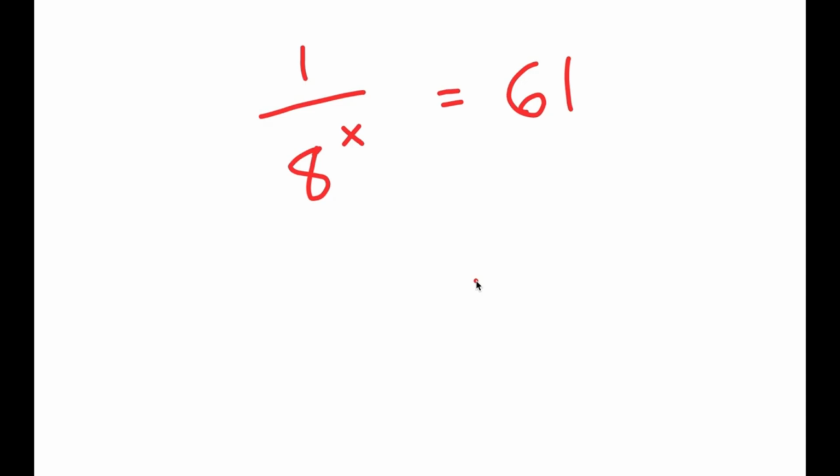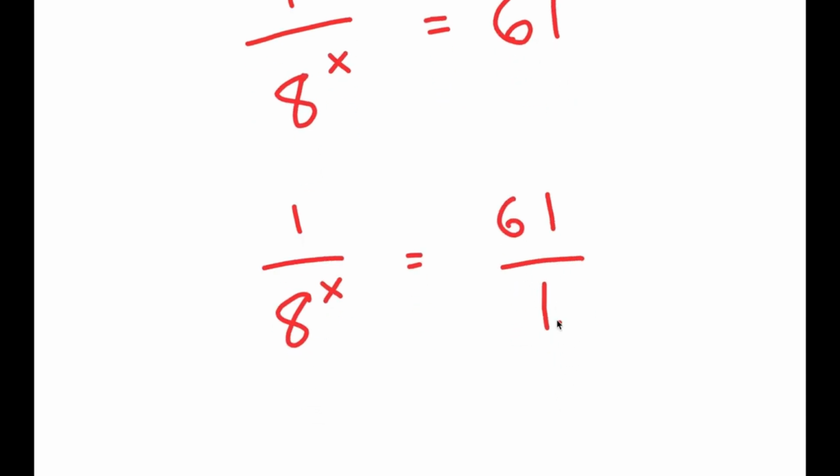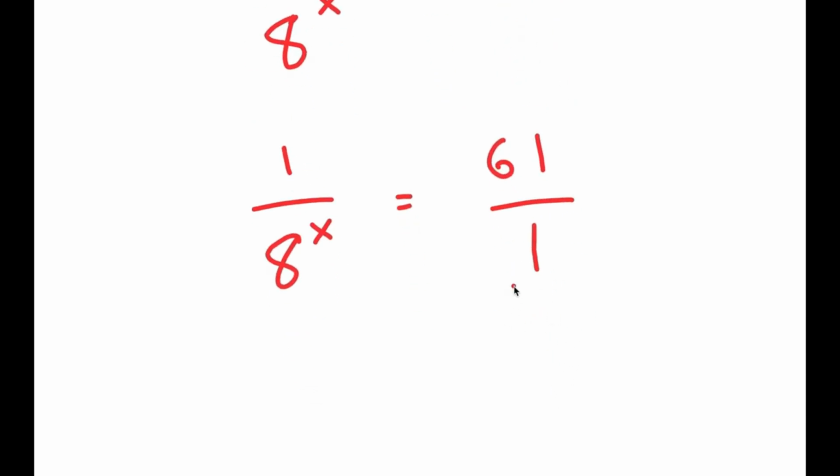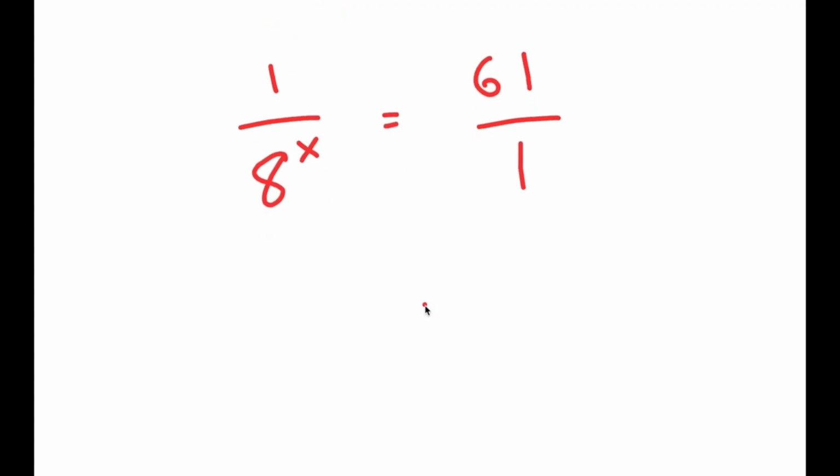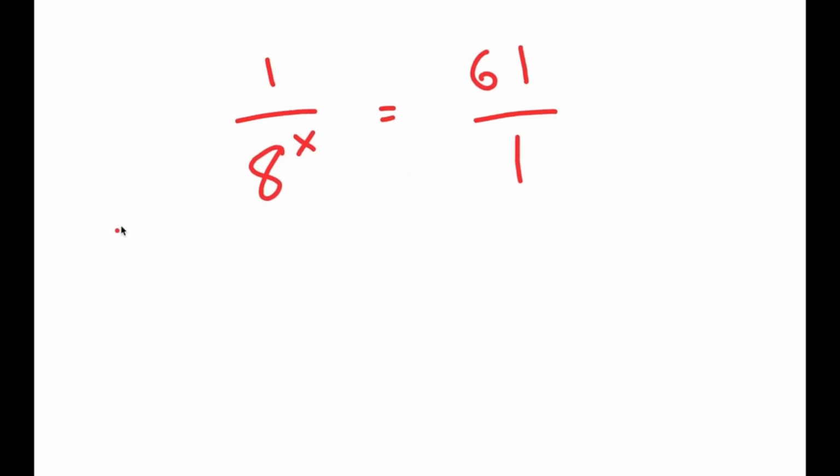Now, this is the same thing as 1 over 8 to the power of x is equal to 61 over 1. So this is a proportion right here. And what I'm going to do is first multiply both sides by 8 to the power of x.